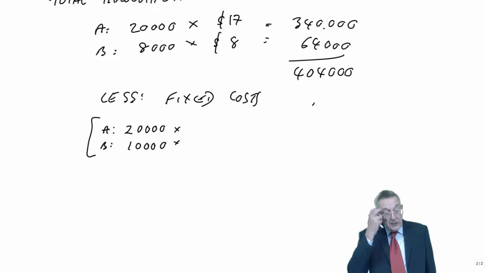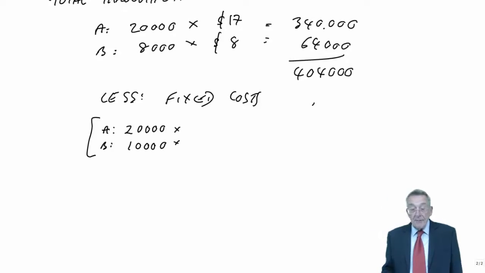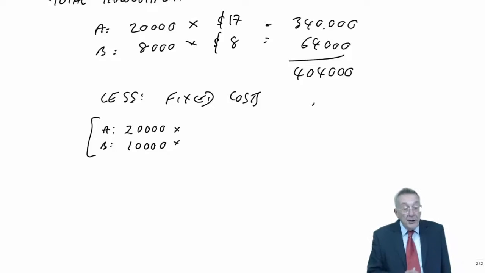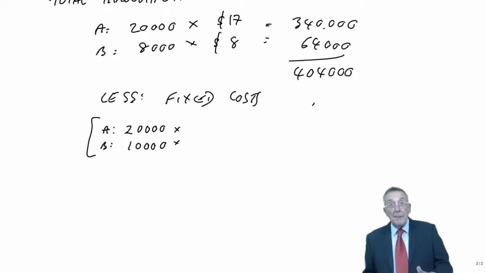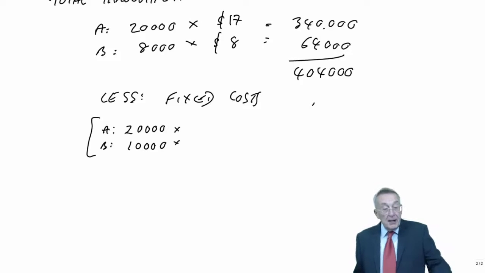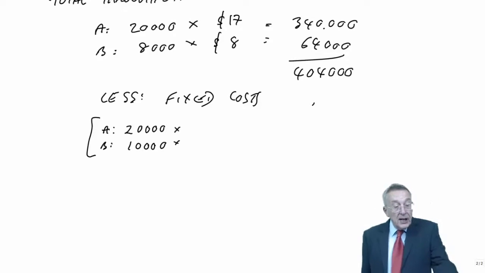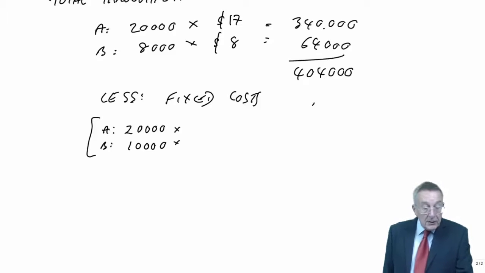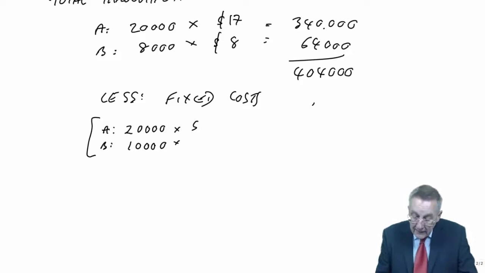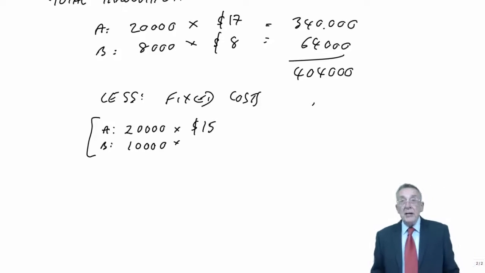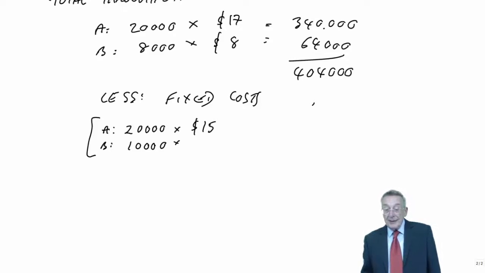And the fixed overheads, well, remember, everything in the cost card now we're assuming to be fixed apart from the materials. So for A, there's labour 5, there's variable 7, there's real fixed 3, but the total of them, 5, 7, 3, 15 a unit we're assuming is fixed.